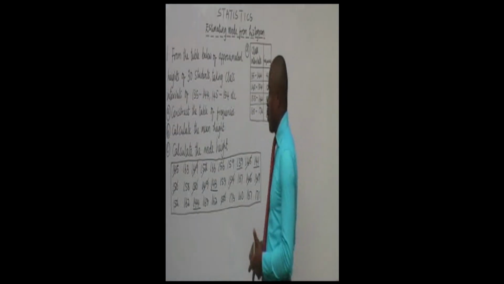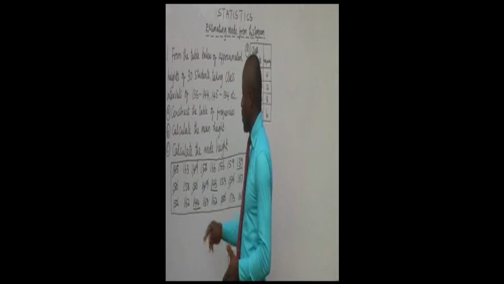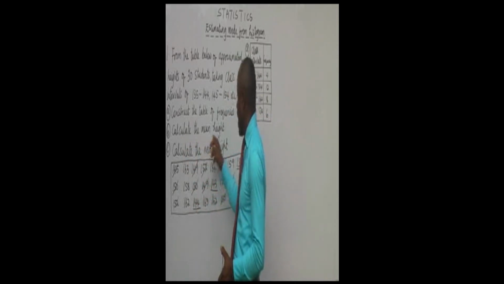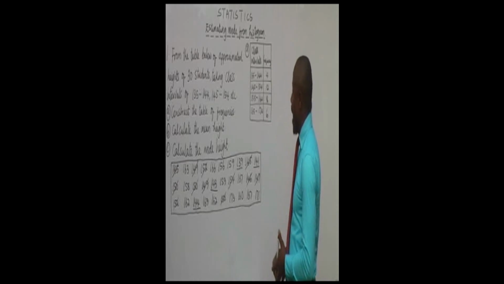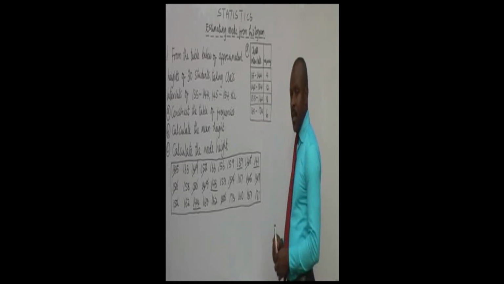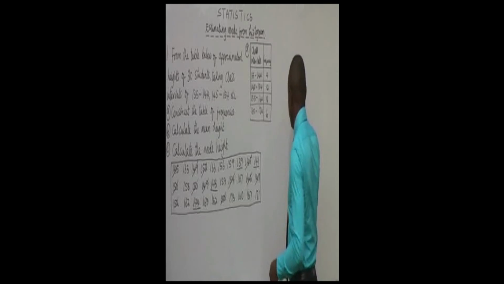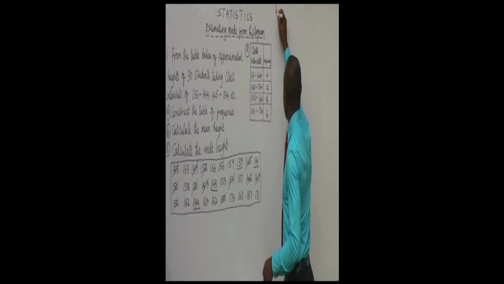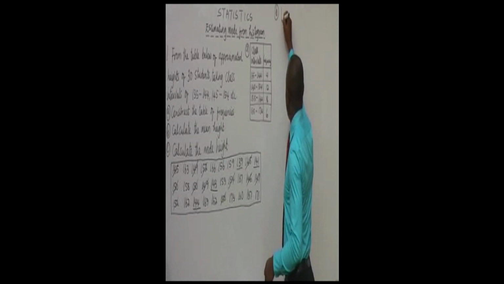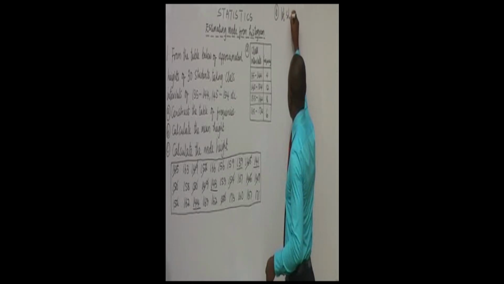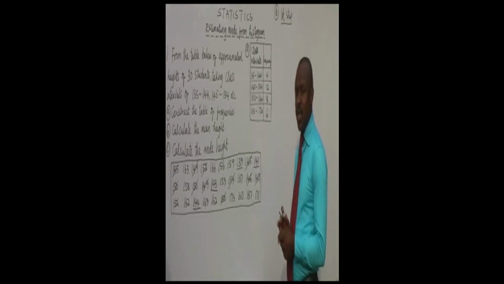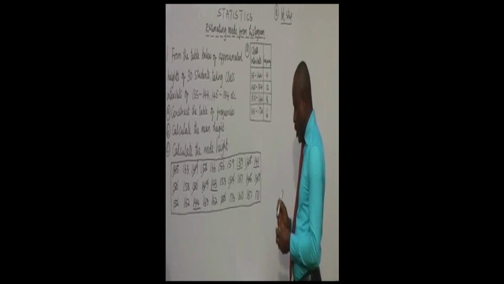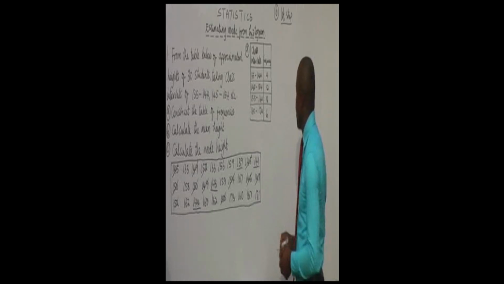Now let's do part B of the question, which said that we should calculate the mean height. If you want to calculate the mean height, the first step you take: choose an assumed mean.